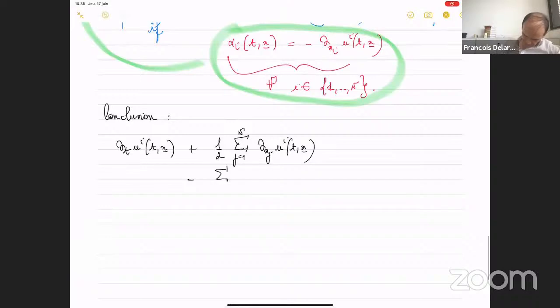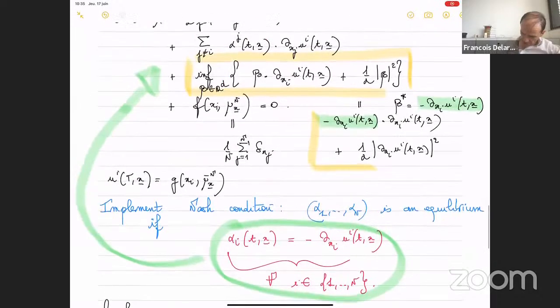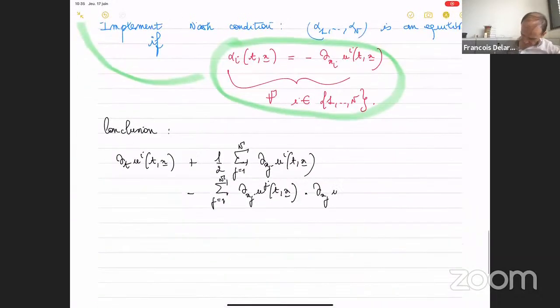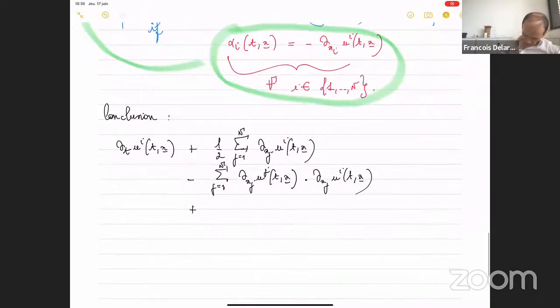So minus the sum from j equal 1 to n of d_{x_j} u^j. So this is exactly, now I know that this is my feedback, acting on d_{x_j} u^i, if I am correct, yes. And then plus f(x_i, mu bar^N(x)) plus 1/2 |d_{x_i} u^i(t, x)|^2, and this is equal to 0.